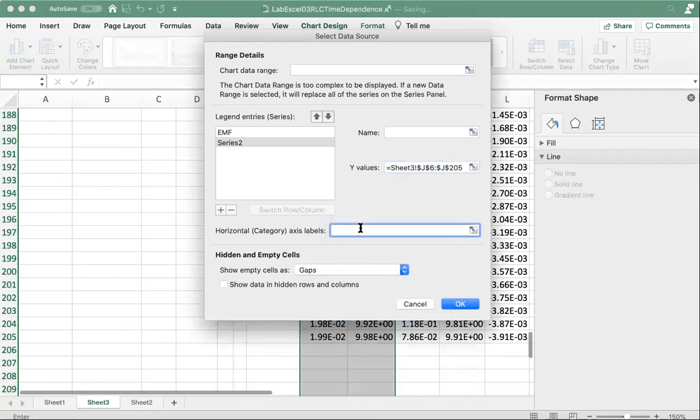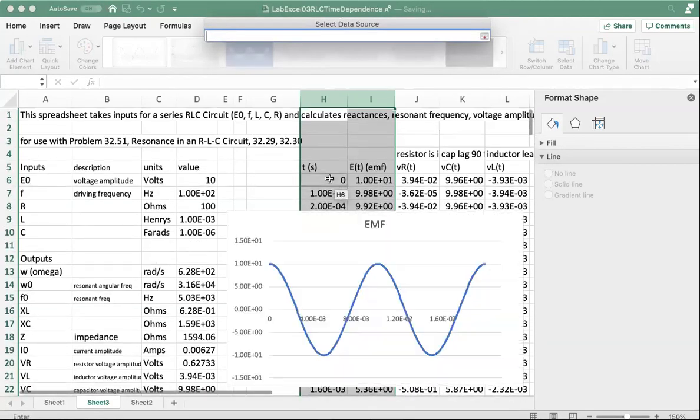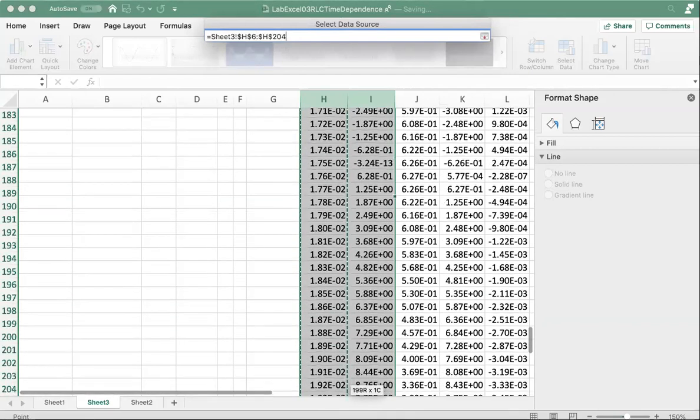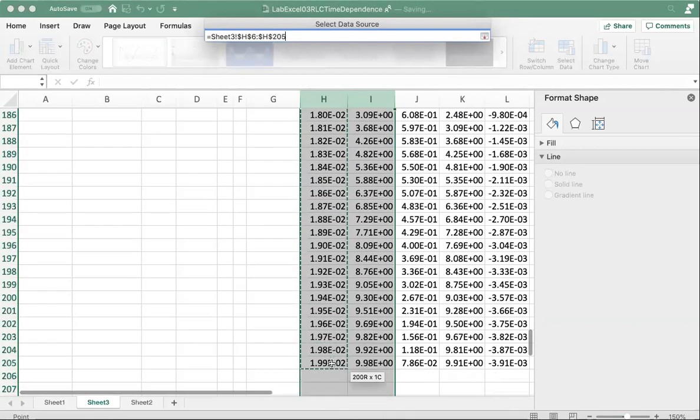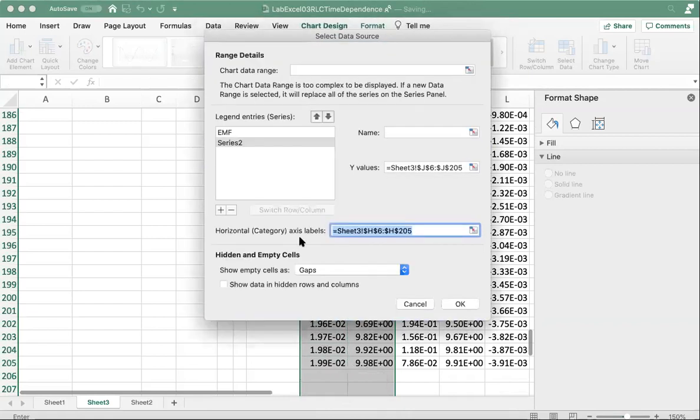And the horizontal axis, I got to plot the X, the time. This isn't the easiest way to do it, but I was having a little trouble doing it all at once, so I decided I'd do it like this. So this is the voltage across the resistor, which is in phase with the current.